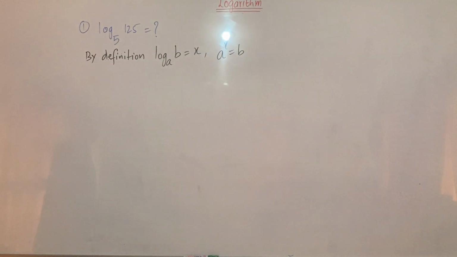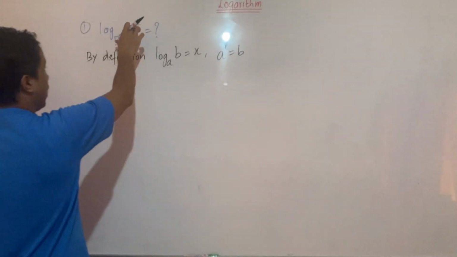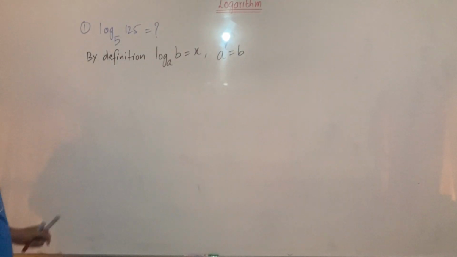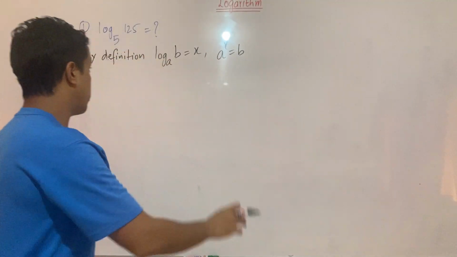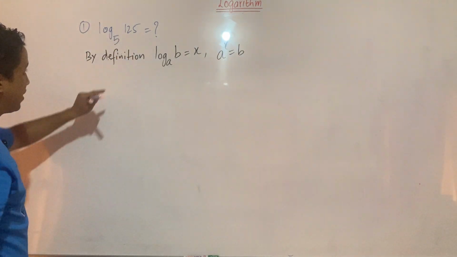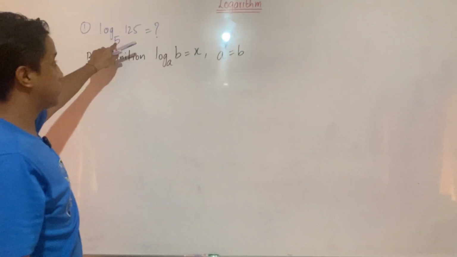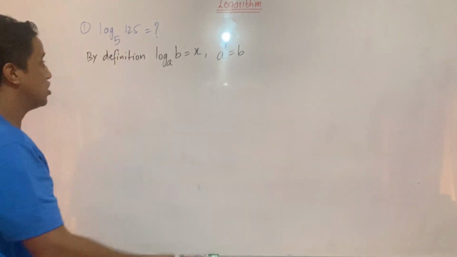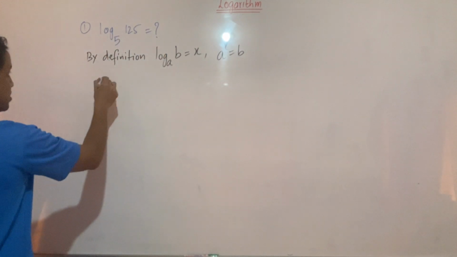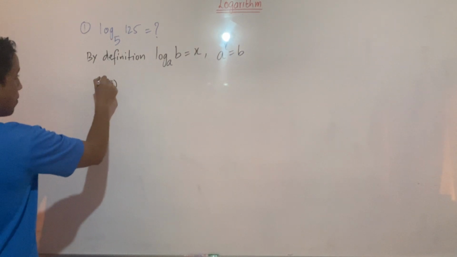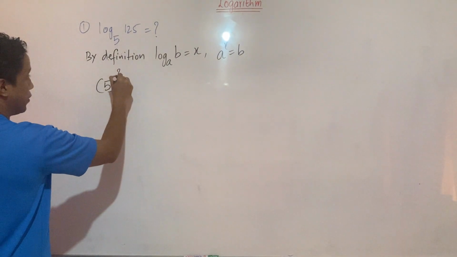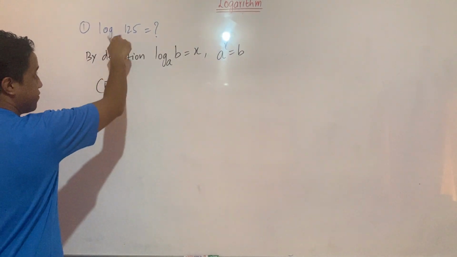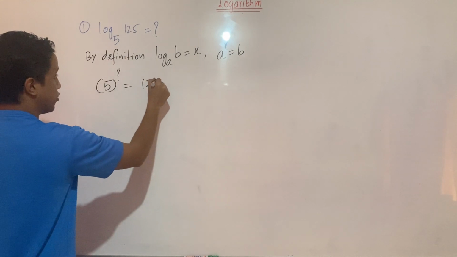So here it means that to what exponent this 5 should be raised to get 125 as your answer. To what power should this 5 be raised to get 125?